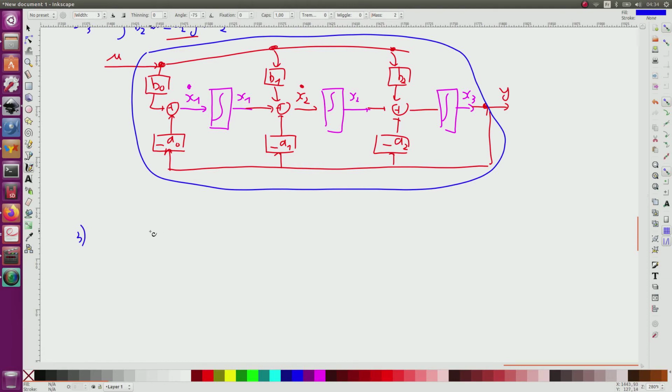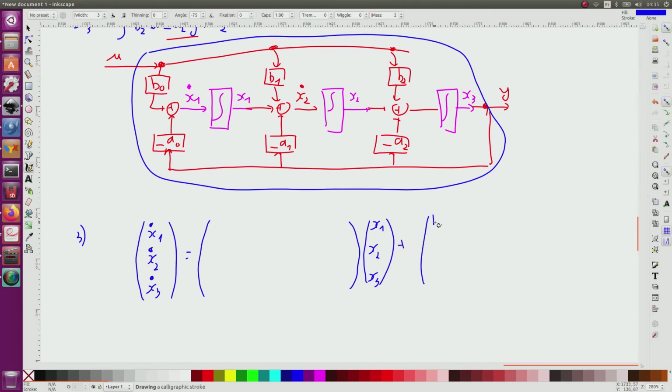I will write x dot 1, x dot 2, x dot 3 under the form of the matrix A multiplied by x1, x2, x3, plus the matrix B times u.